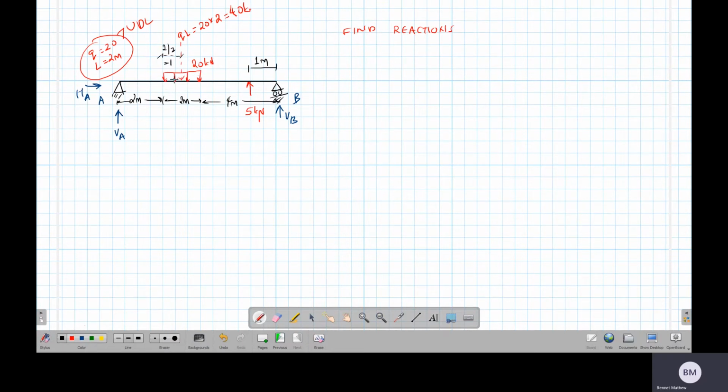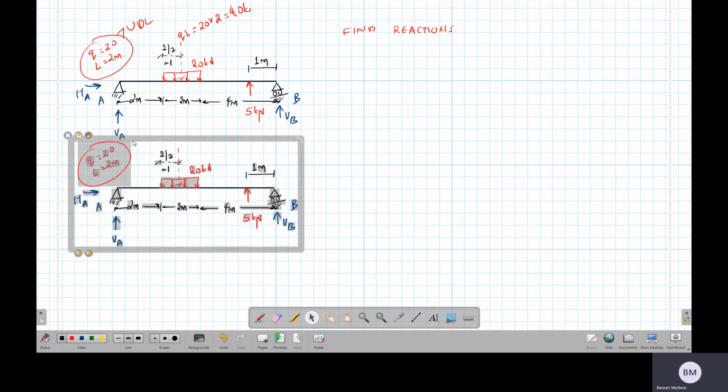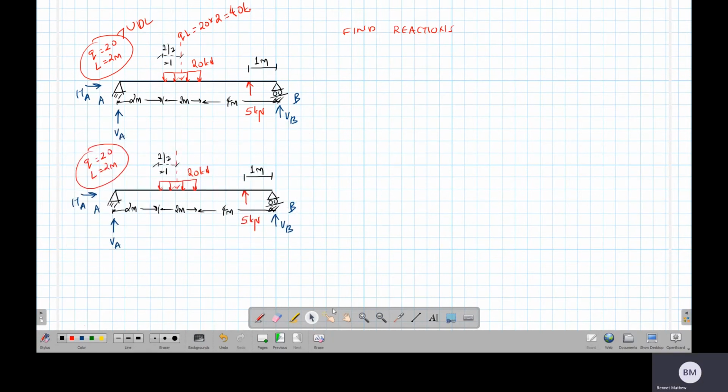We convert it. So that means this diagram and the diagram which I am going to draw now are both the same. Okay. Then my question will become a little bit easier for me to solve. You will understand that it is the same problem.